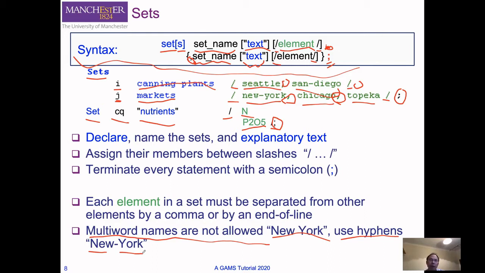In other words, when we provide the names of sets, the names of elements, the names of parameters, the names of variables, equations, we cannot have space in those names. We can use hyphen to connect different words in those names.